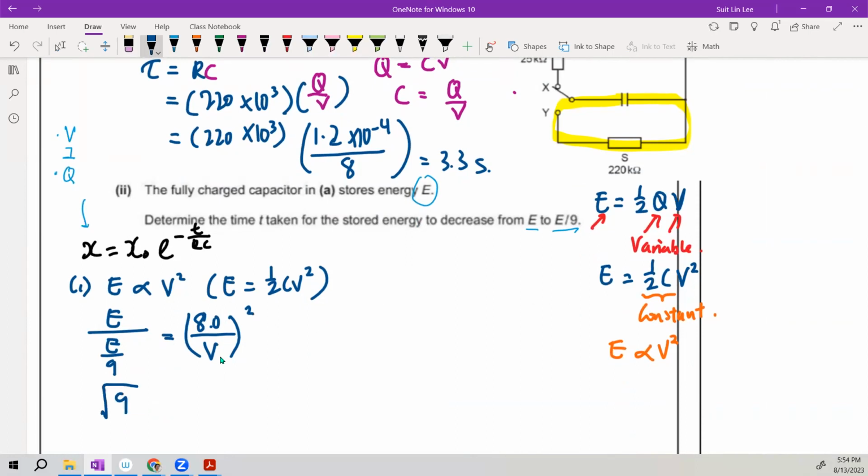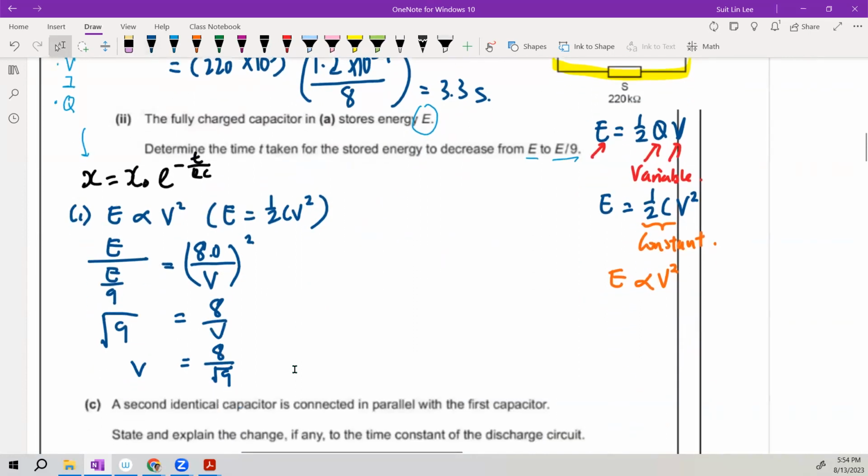So square root of 9 is equal to 8 over V. V is actually equal to 8 over root 9. Root 9 is 3. So 8 over 3 volt. Teacher, your final answer is a fraction? This is not my final answer, so you can leave it that way. If you don't want to leave it that way, you can press the calculator also. I'm just going to leave it that way.